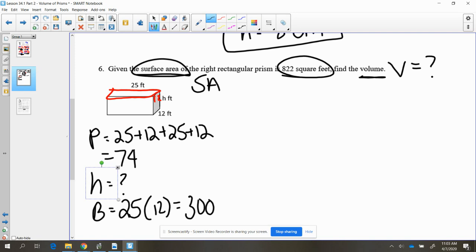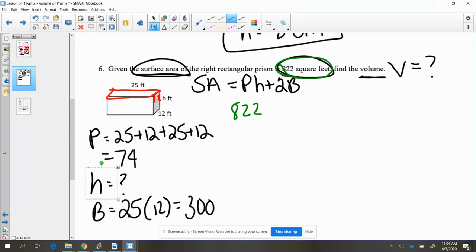Okay. Now, surface area, again, from our formula on the sheet, is the perimeter of the base times the height plus 2 times the area of the base. Well, let's start plugging in what they gave us. They gave us that the surface area was 822.